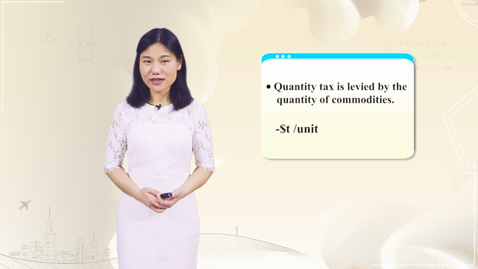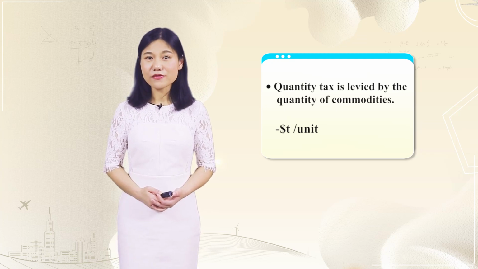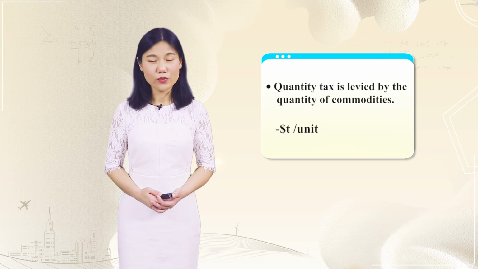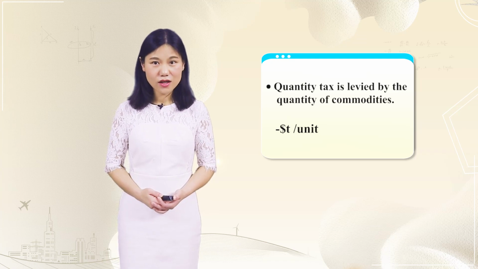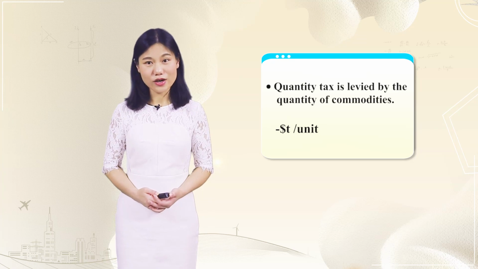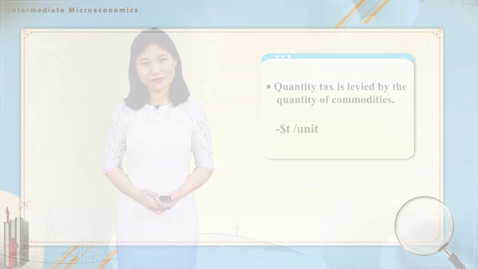How does the tax affect market equilibrium? Does the effect of taxing the buyer differ from that of taxing the seller? Who pays the tax? How does tax affect the social welfare? Those are the questions that need to be answered.